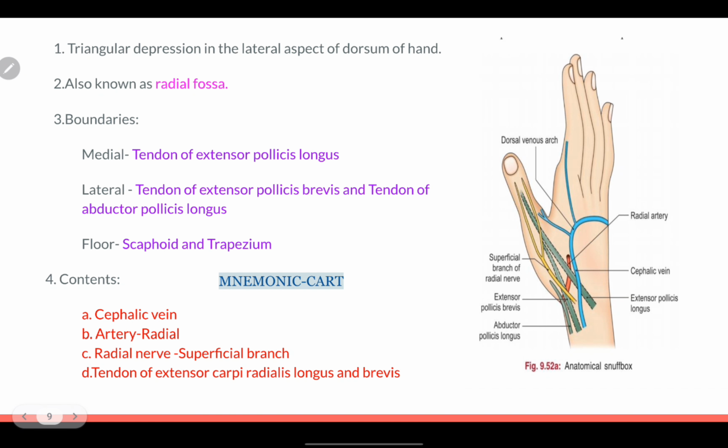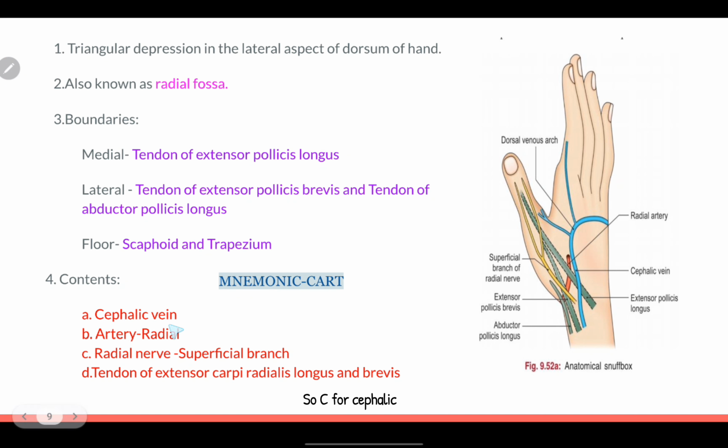Then the contents. What are the contents of the anatomical snuff box? Doctors, this is itself an important 2 mark question. Please take a screenshot of this, keep it, and always revise, so you can thoroughly remember all these short notes and answers in the exam hall. The mnemonic is CART.